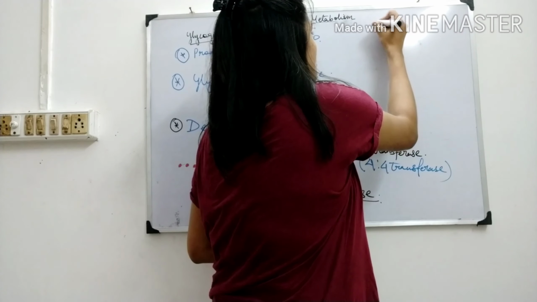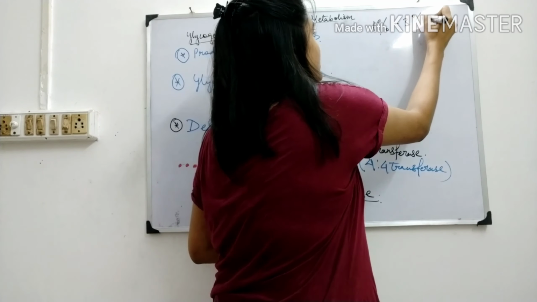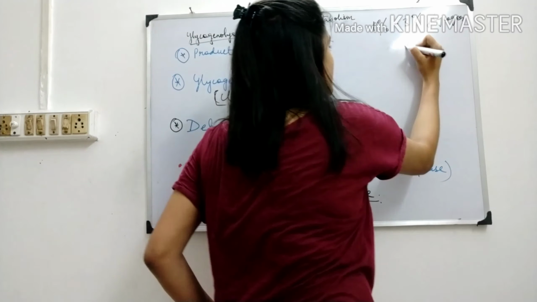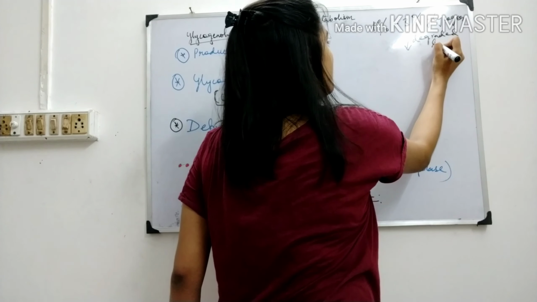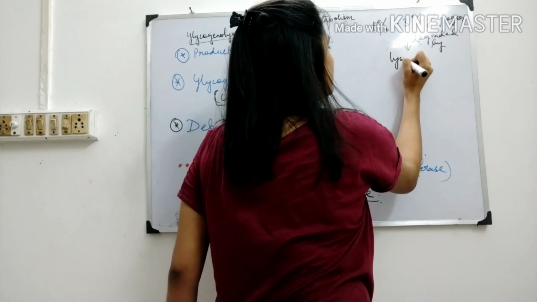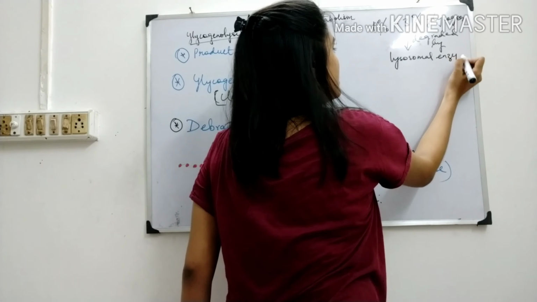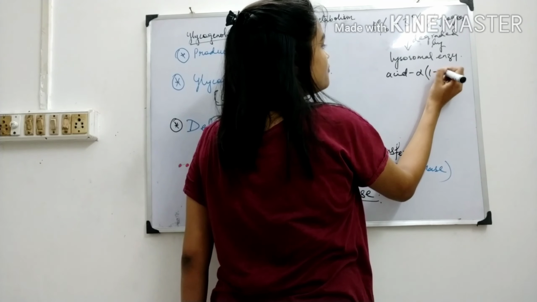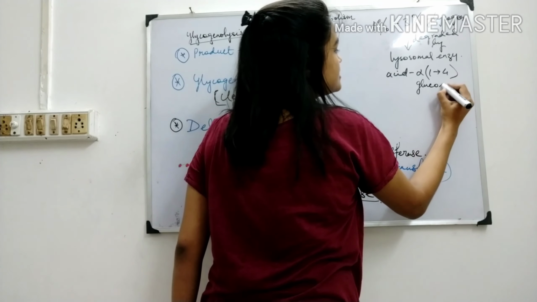So 1 to 3% glycogen is degraded by lysosomal enzyme, and the name of this enzyme is acid alpha-1,4 glucosidase.